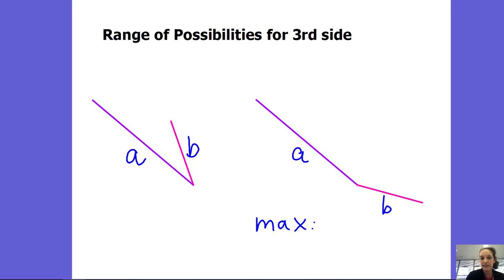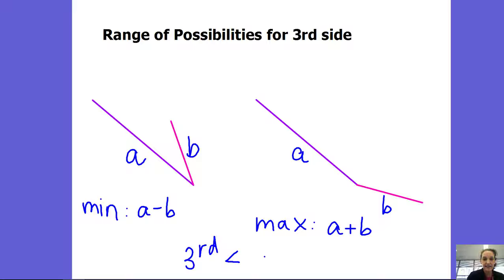To find the minimum length, I'm going to subtract the two sides, the bigger side minus the smaller side. And so my third side should be less than the maximum and more than the minimum. It has to be somewhere in between the max and the min, the longest that it can be and the shortest that it can be. It has to be greater than the shortest length and less than the biggest length that it can be.